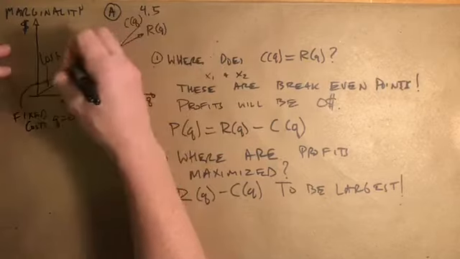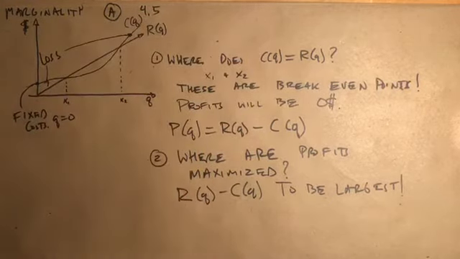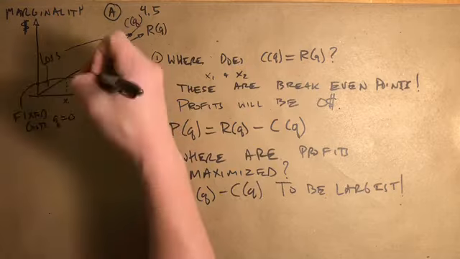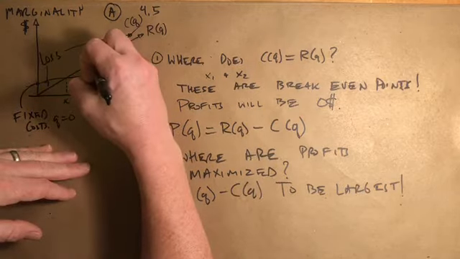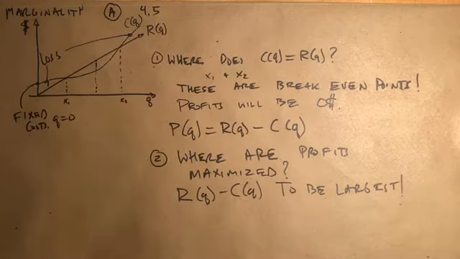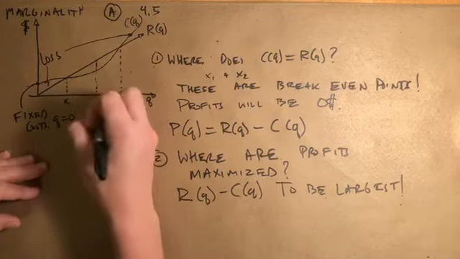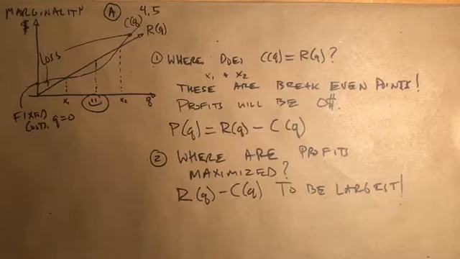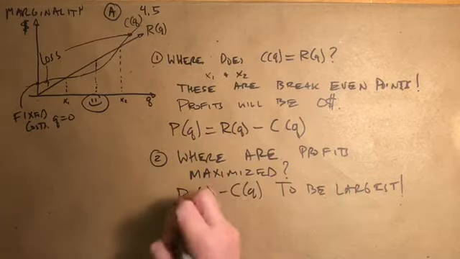Also, over here, that's going to be a loss because the costs are greater than the revenue. I think it's going to be somewhere in that spot. And I'm going to call this just happy face, yes? Because that's where the vertical distance between the cost and the revenue is maximized.